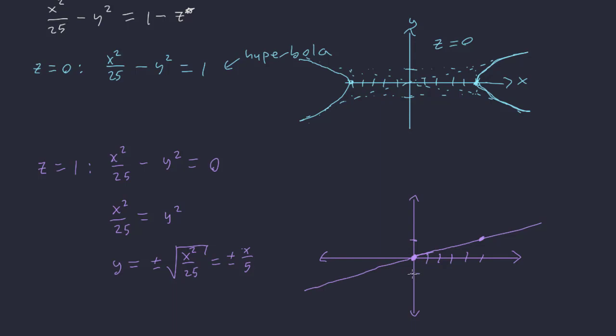And then we have the same thing, but the negative version of it. Okay, so this is the line y equals 1/5 x, and this is the line y equals -1/5 x.